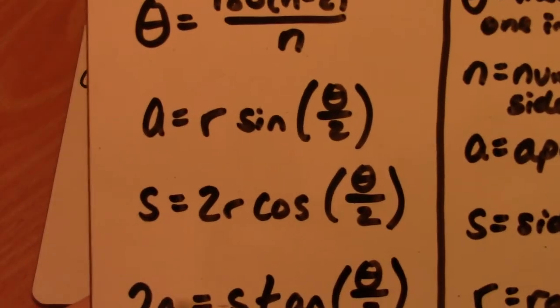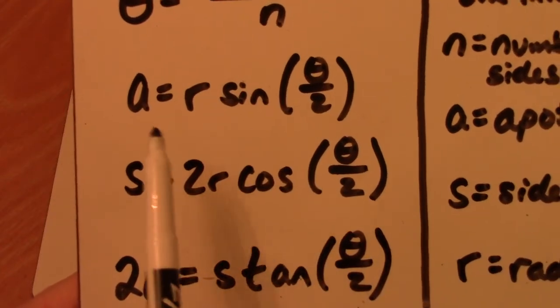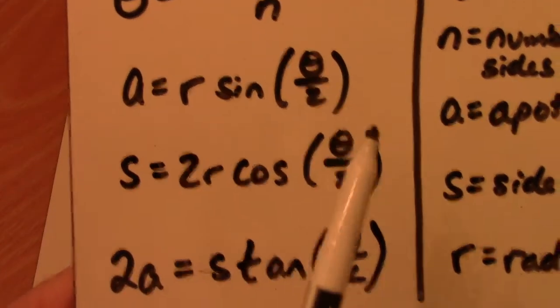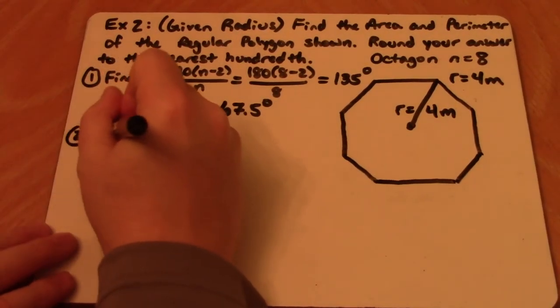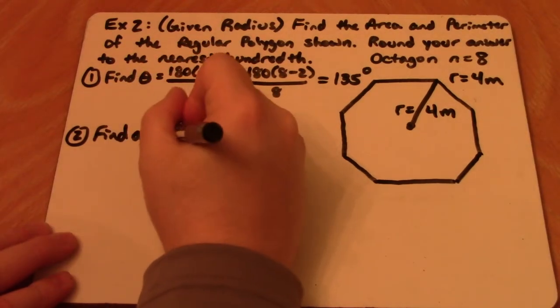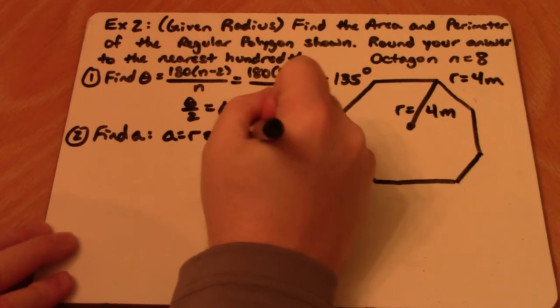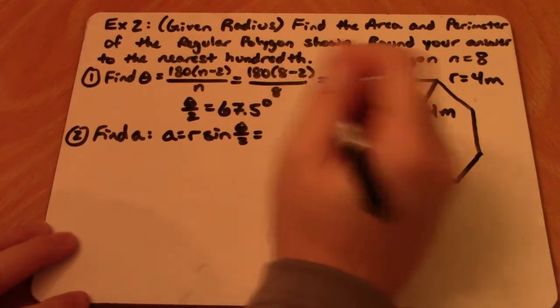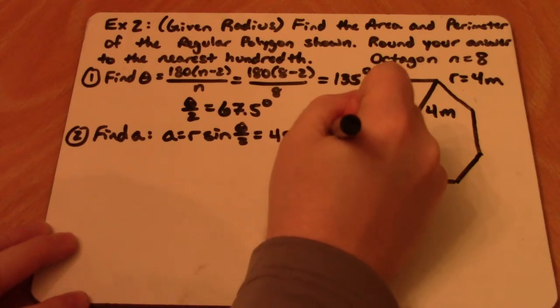So what we're going to do is use both of these equations, this one to find A and this one to find S. So we start with this one to find the apothem. That'll be step 2, find the apothem. And we do that with the equation A equals R times the sine of theta over 2. In this case, that would be 4 sine 67.5.